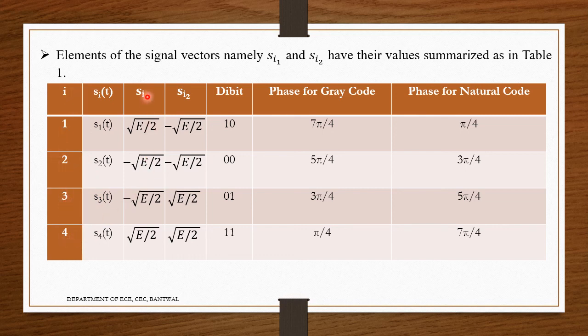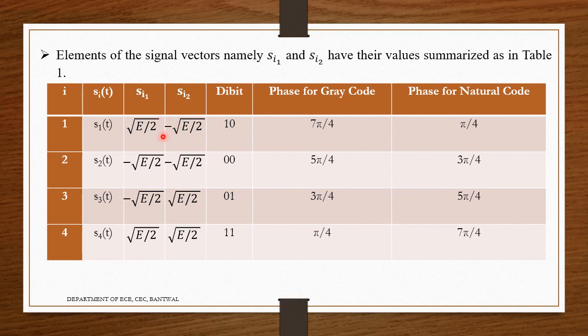I am representing the dibits 1 0, 0 0, 0 1, 1 1. So what is that? Plus square root of E by 2 and minus square root of E by 2. If it is positive, square root of E by 2; if it is 0, that is represented by minus square root of E by 2.